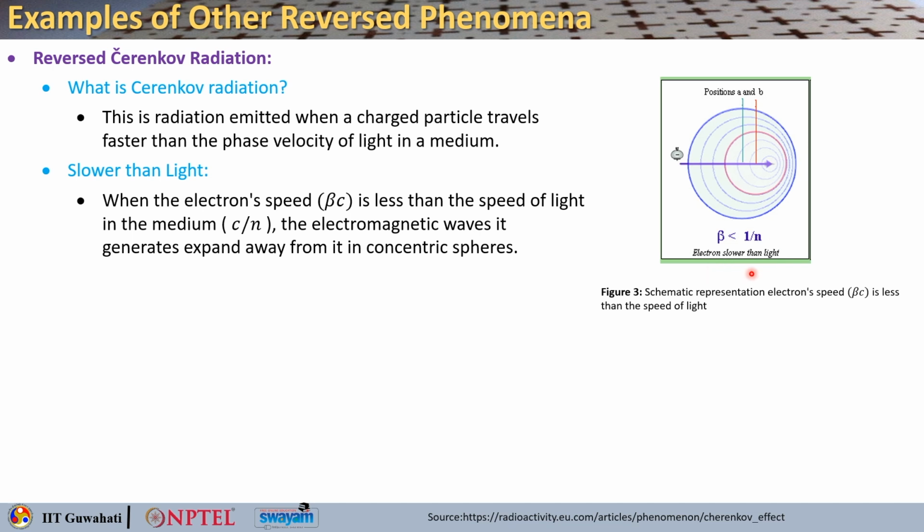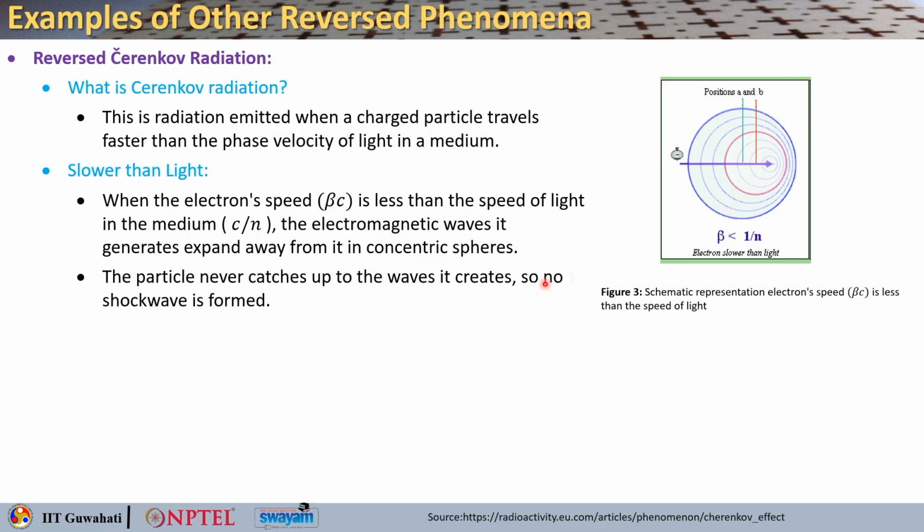In that case, the electromagnetic wave generated from the electron expands away from it in concentric spheres, just like this. The particle never catches up to the waves it creates, and that is why no shock wave is formed.